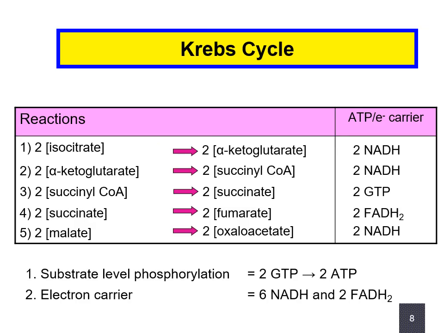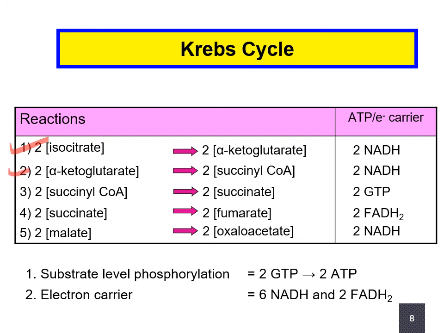So for the conclusion, dalam Krebs cycle ni dia akan produce banyak high energy molecules. Iaitu terdapat 2 NADH produced during oxidation of isocitrate into alpha ketoglutarate.